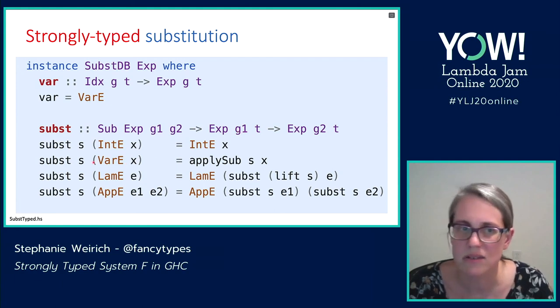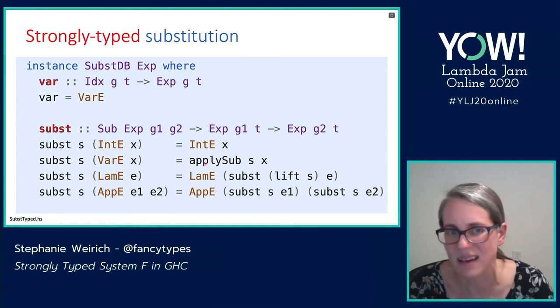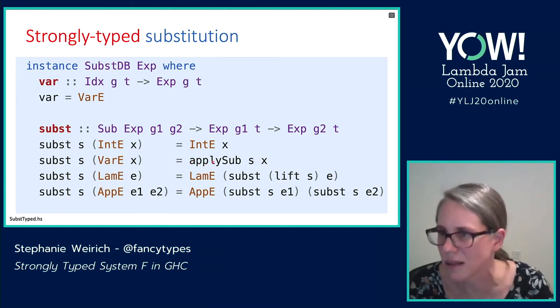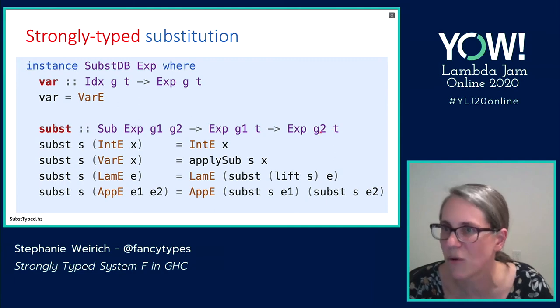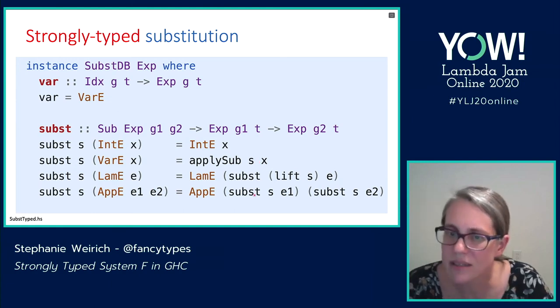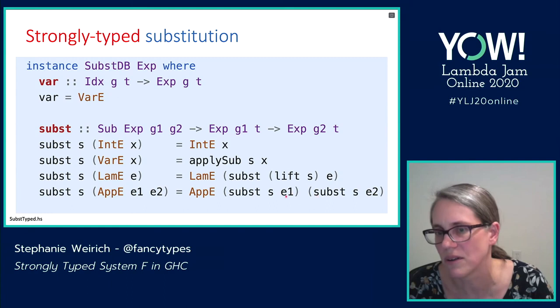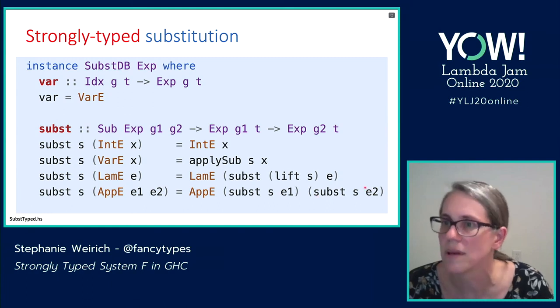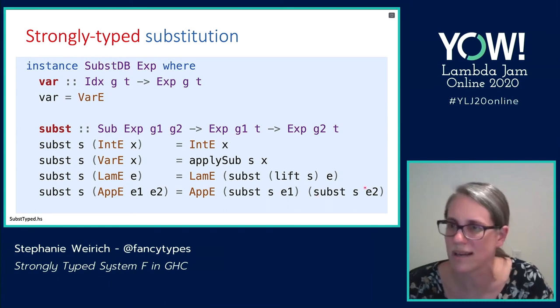We couldn't just replace this line here with var x, just leave it alone, because that wouldn't be a variable in context G2. The only way we can get that variable is to look it up with the apply sub operation. If we forget to do one of these recursive calls on E1 or E2, we would get a type error because the context wouldn't line up.